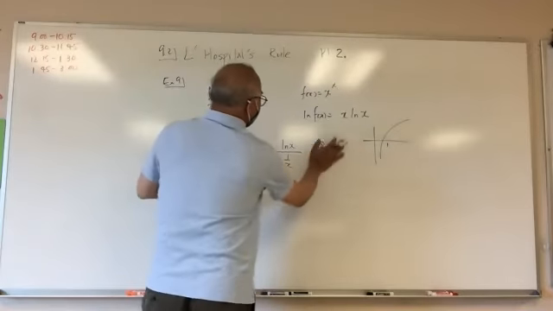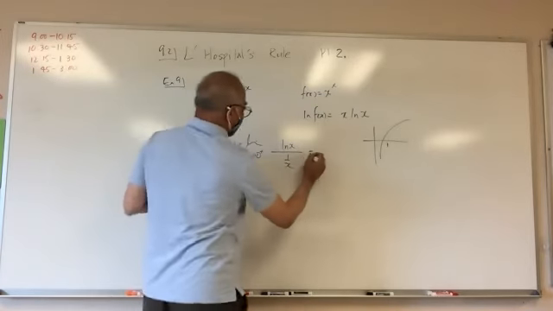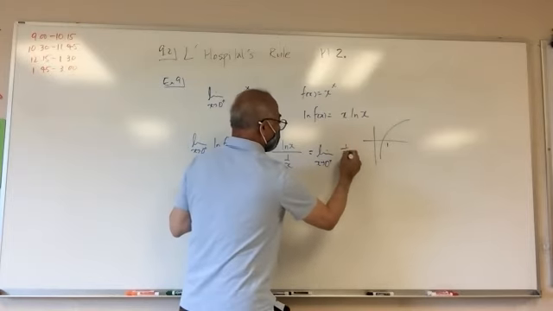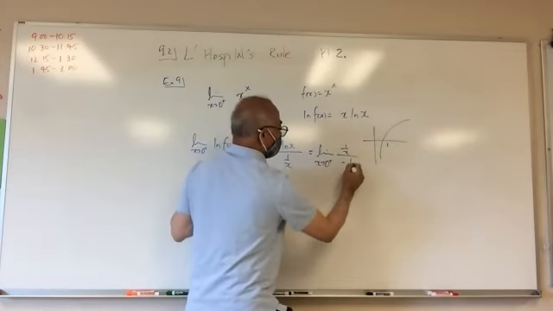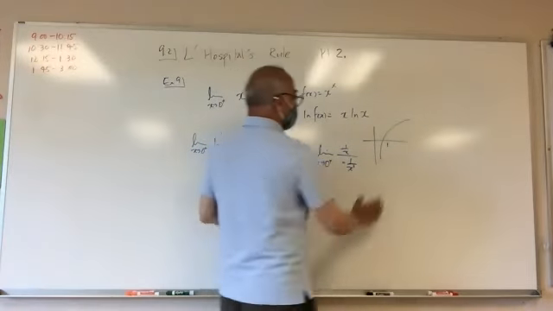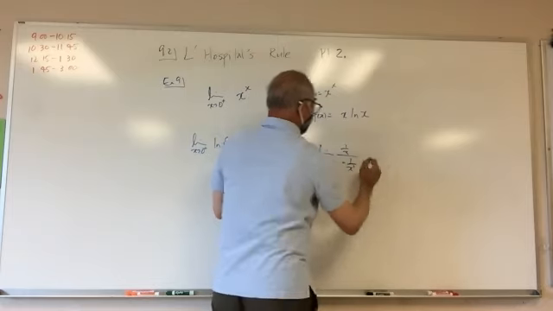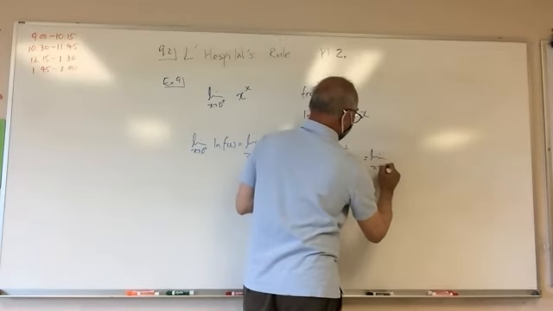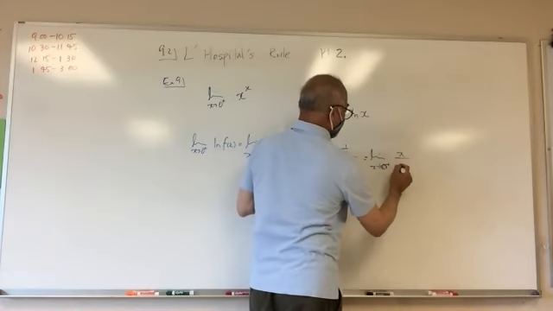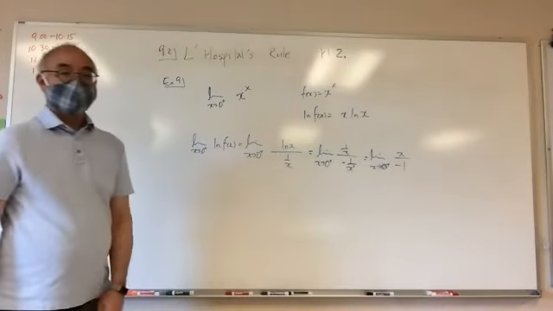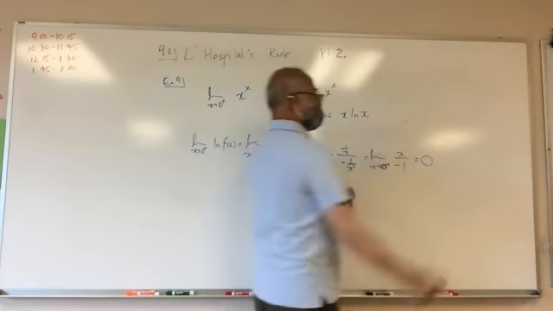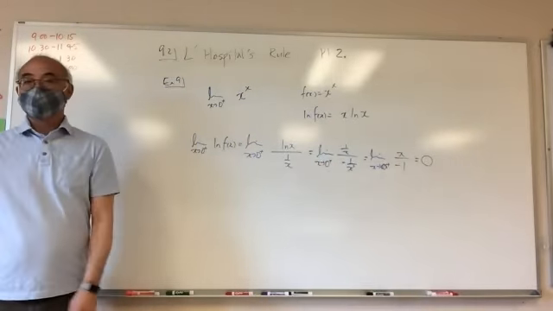So now I can go ahead and take the derivative of top and bottom. The derivative of natural log of x is 1 over x. The derivative of 1 over x is negative 1 over x squared. Multiply x squared to top and bottom, I get x over negative 1. Correct? So when x goes to 0, this guy becomes 0. 0 over 1 is 0.